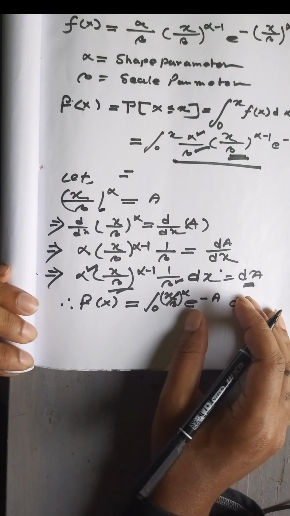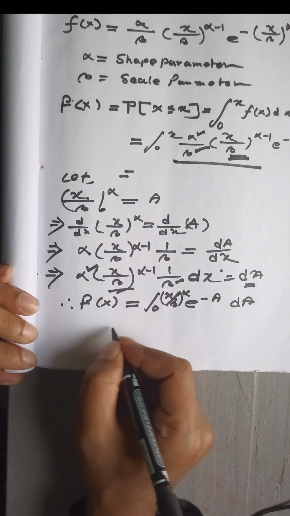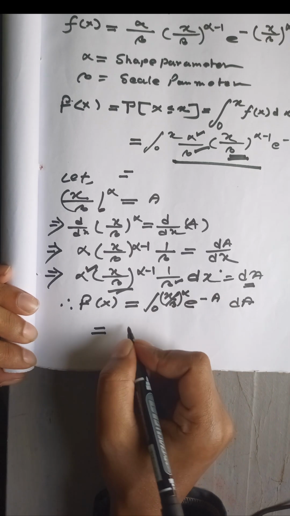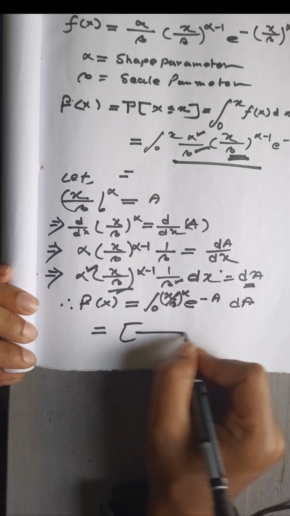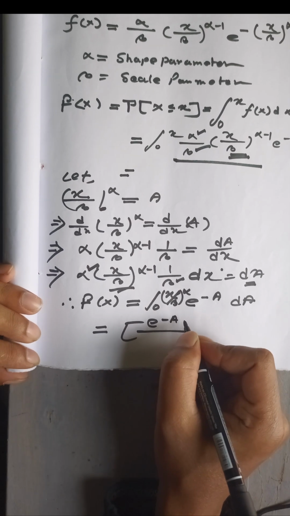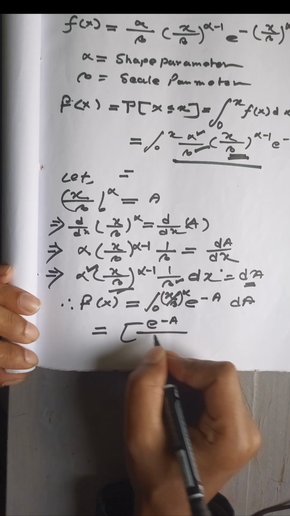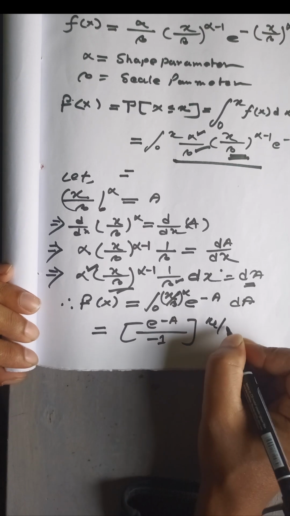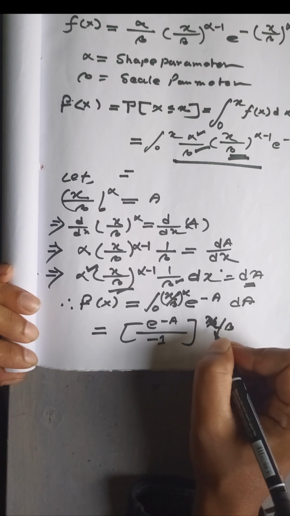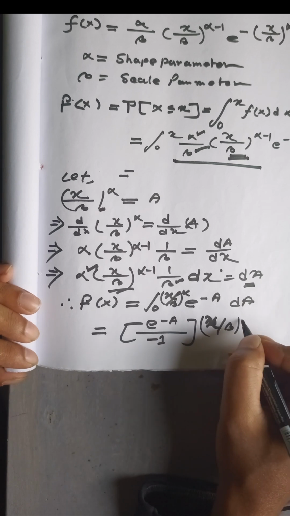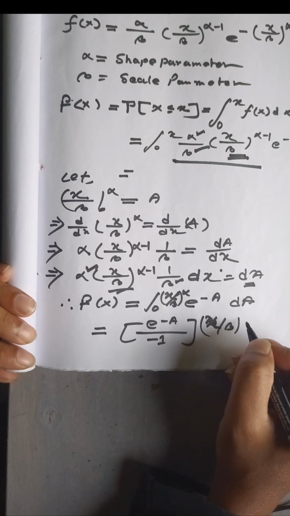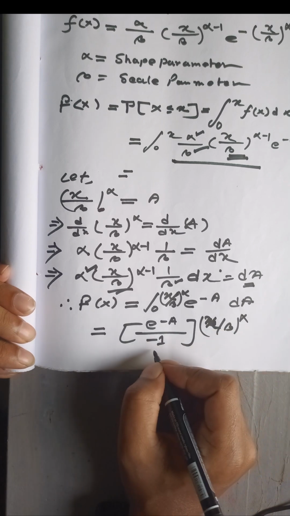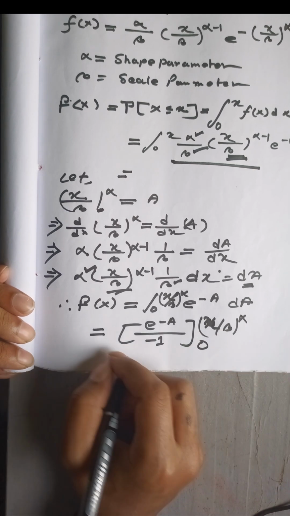Okay, so next we simplify this integration and we have e to the power minus a divided by minus 1, with limits 0 to (x by beta) whole to the power alpha.